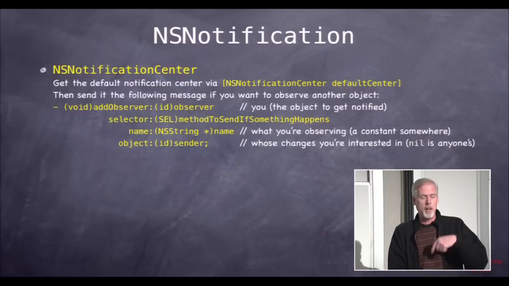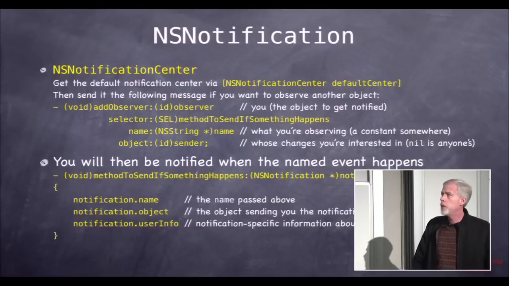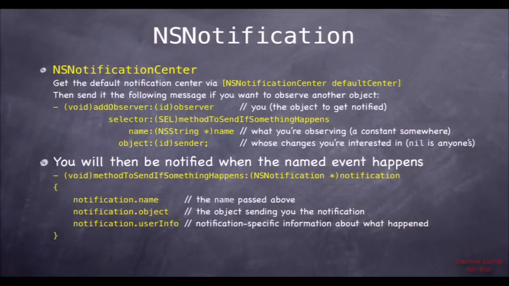So let's look at the selector. This is the selector that's sent to you. You get to specify the name of it, but the argument is always an NSNotification star. Okay? What does an NSNotification star look like? It has 3 properties on it. One is the name. That's the name of the radio station. Okay, that's the same name you specified above. Object, that's the object sending you this notification.